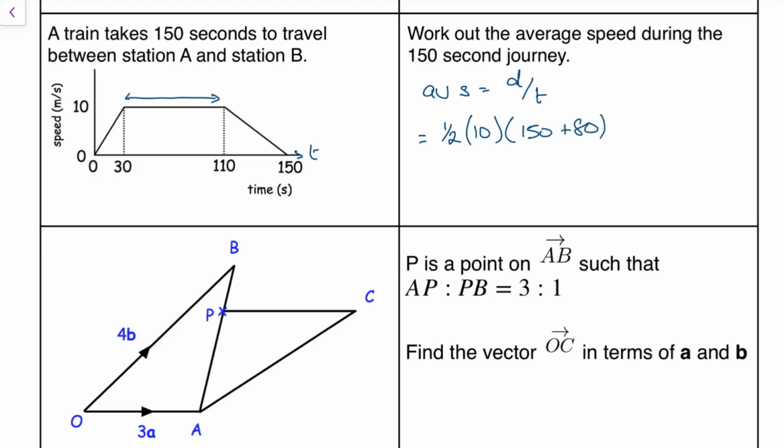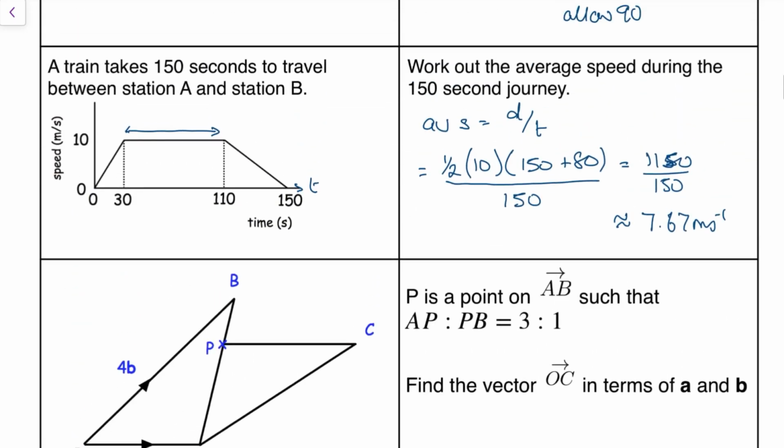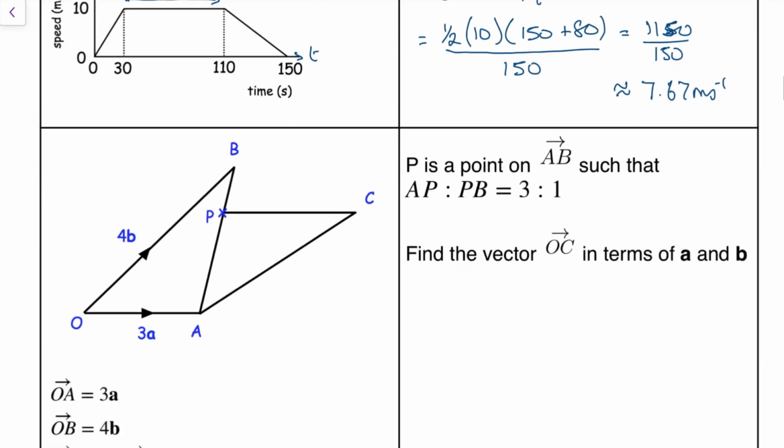That's the area, and then I'm going to divide all of that by the time, which is 150. Calculator out again, which is going to be 1150 over 150, which is approximately 7.67 meters per second. And that's it. I'm just checking there's nothing else to do, but that is okay. It's a good question, that one. It's a good understanding of what's going on question.